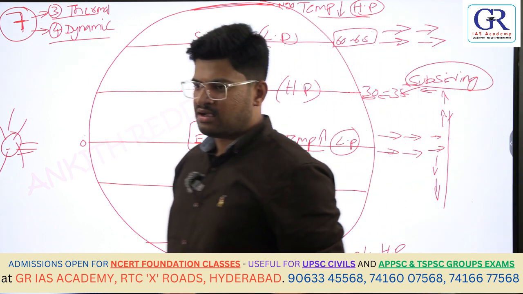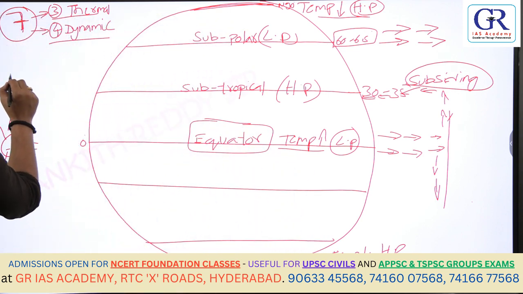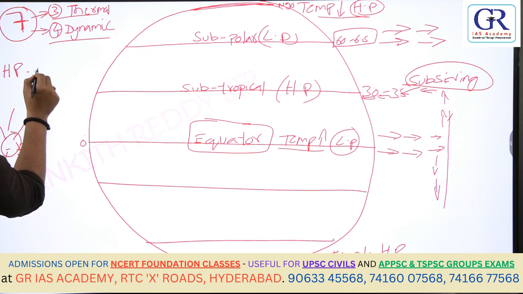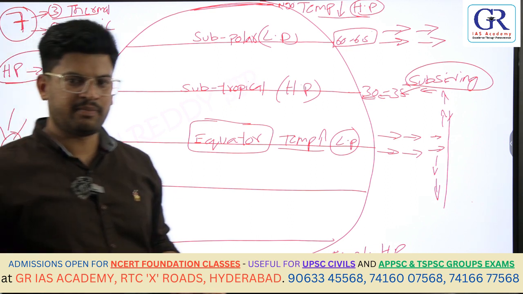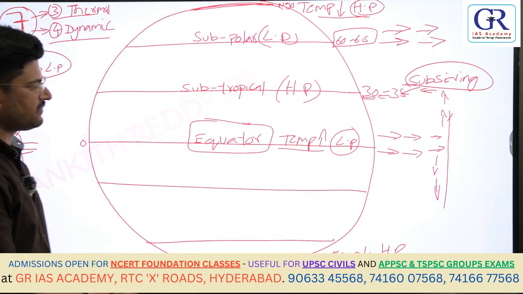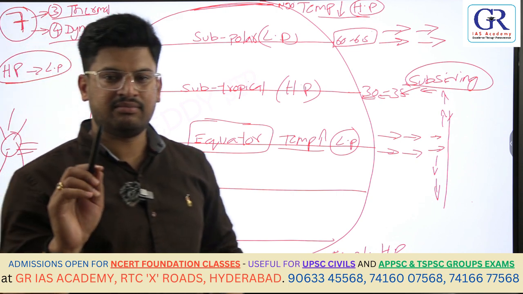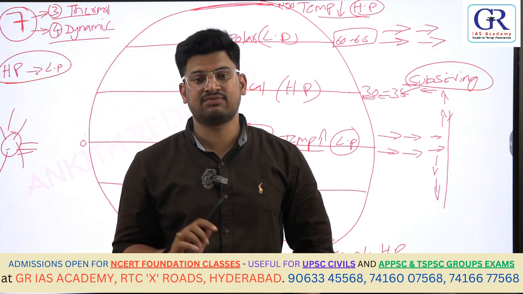Now, as you know, winds always move from high pressure area to low pressure area. Now, you know that Earth rotates. Because of the Earth rotation, there is a force called Coriolis force.